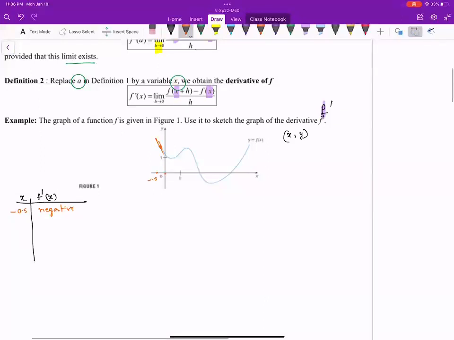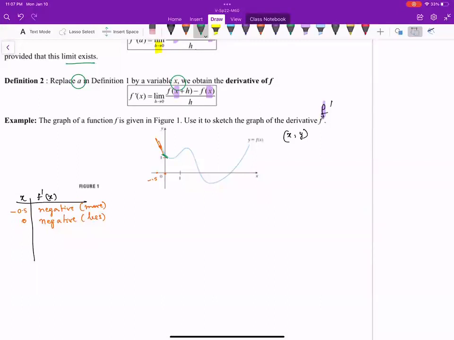And what happens at 0? Still, the slope at that point is negative. But if you compare the previous point versus this point, the previous one has a steeper slope than the tangent at 0. The tangent at 0 is somewhat like that.